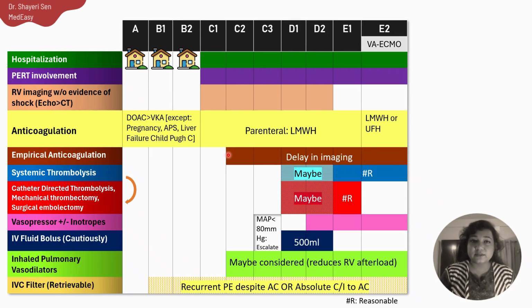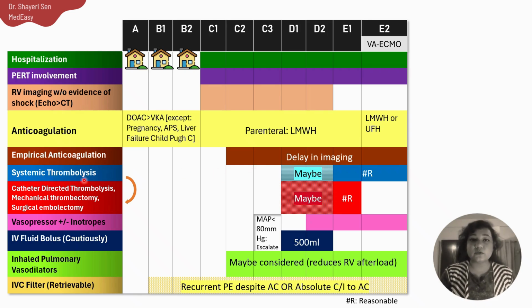Now, suppose there is a high risk or a high chance of pulmonary embolism, and the clinical category would be higher than C2. In these patients, if there is a delay in imaging, we are going to give empirical anticoagulation. Even if we don't have proof right away on imaging that the patient definitely has a pulmonary embolism, we are going to give the dose before we send the patient for imaging.